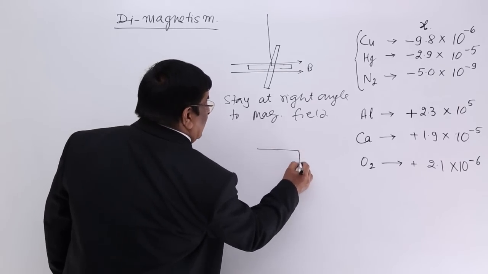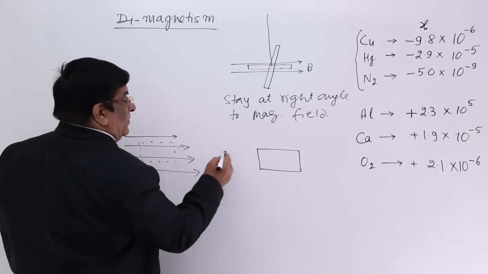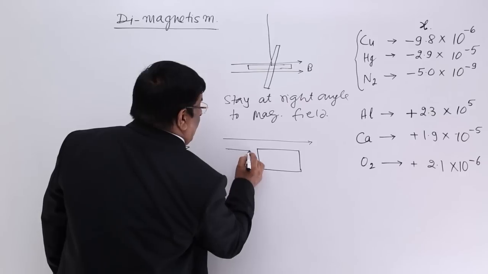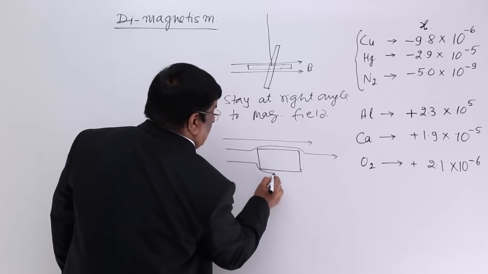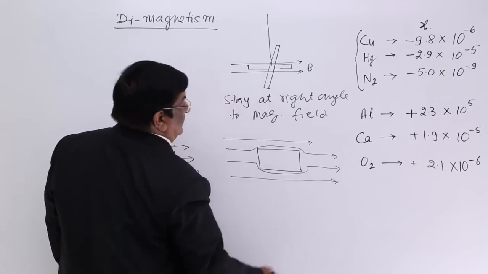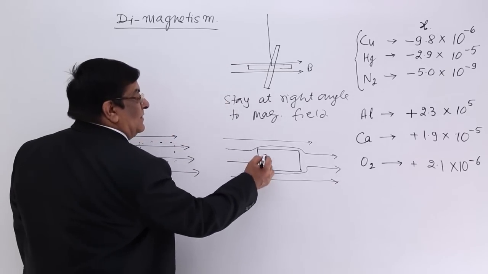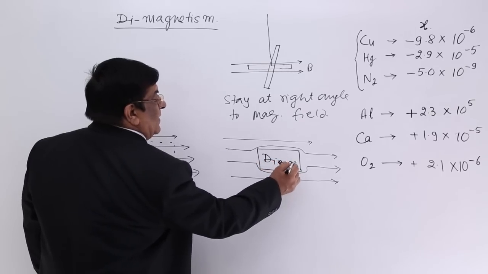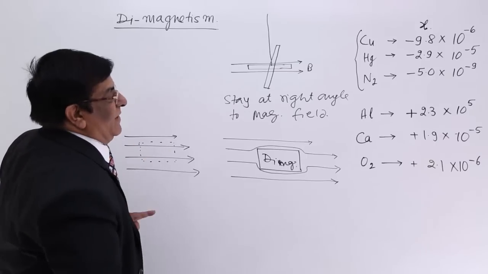The answer is, the field lines will be like this. It will not allow the magnetic field to pass through it because this is diamagnetic. So such material is known as diamagnetic.